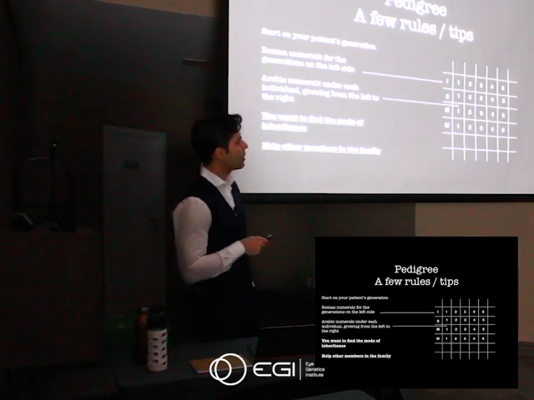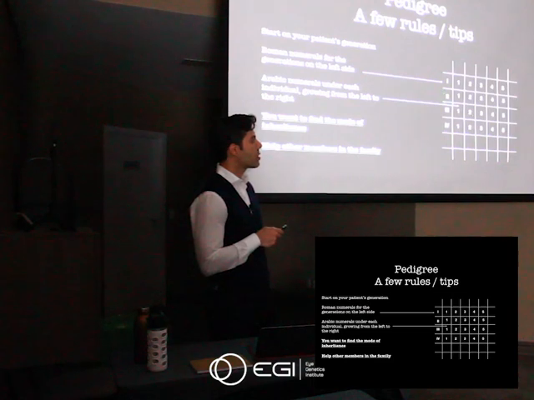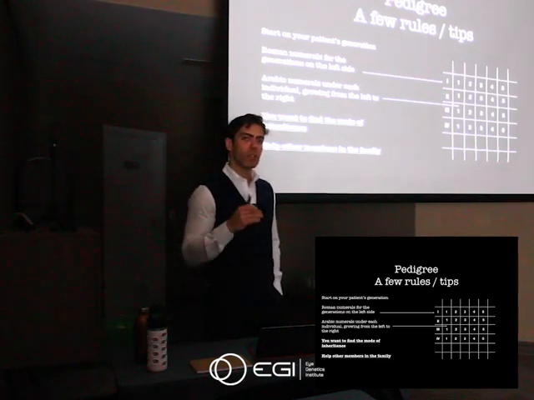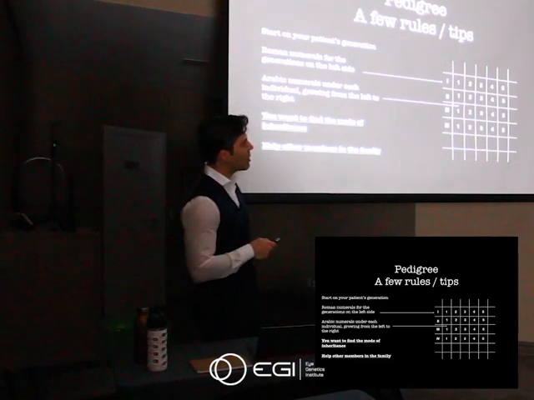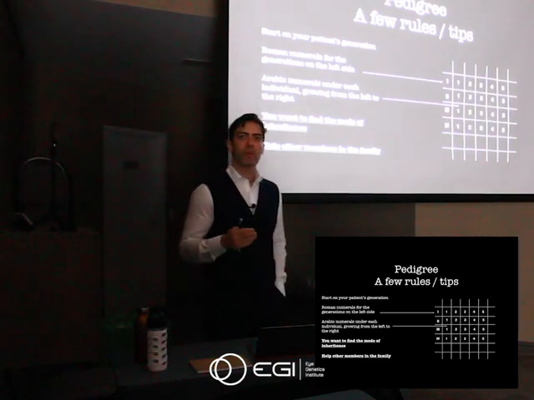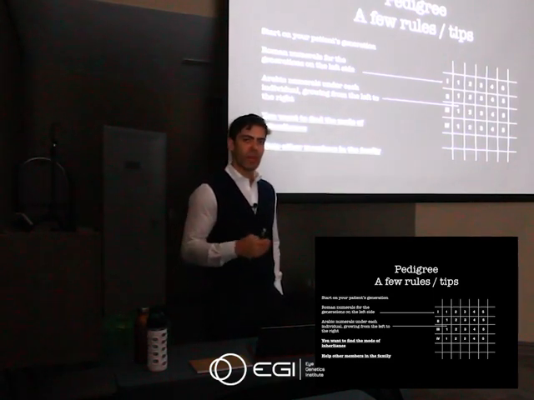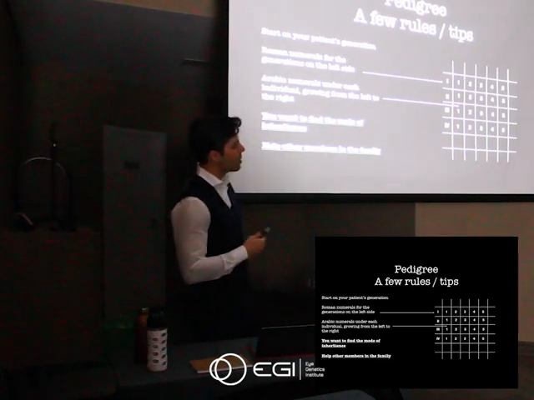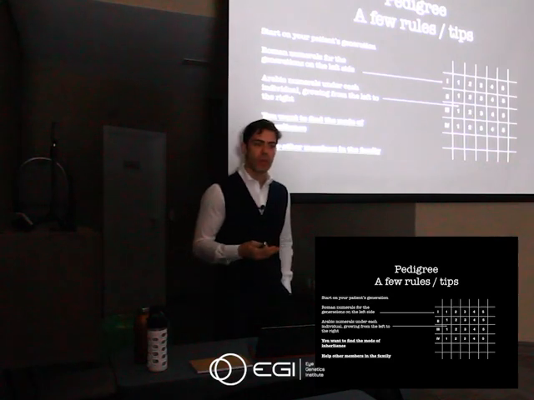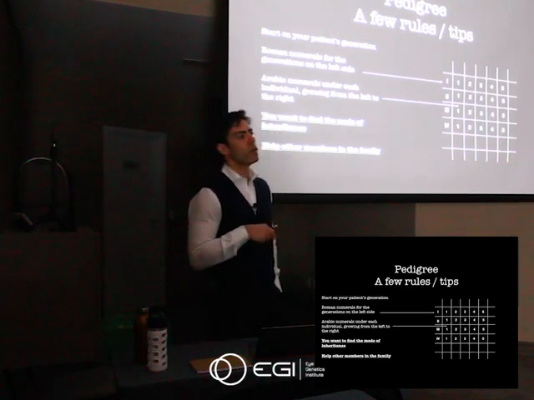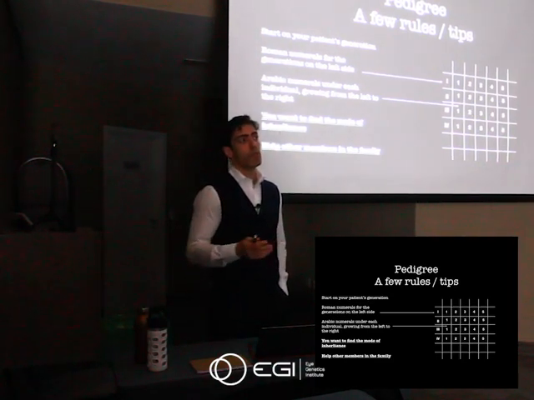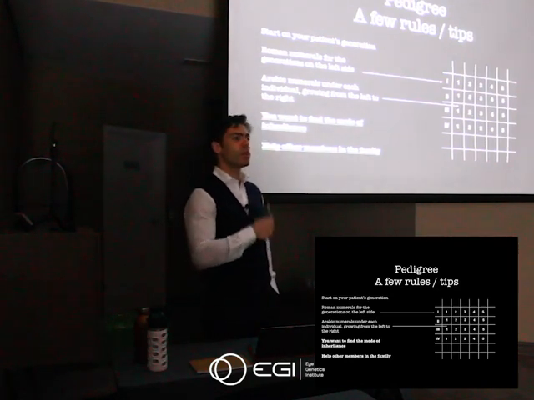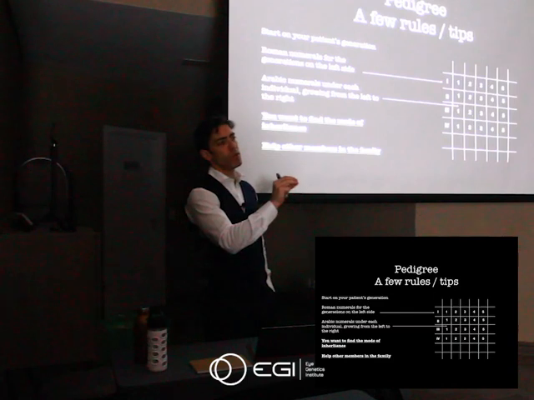Roman numerals are the type of numbers that we put to define each generation, and Arabic numerals are the kind of numbers that we put to identify each individual. Let's say that I'm looking at a pedigree that has more than 50 people, and I want to talk about one individual in particular.